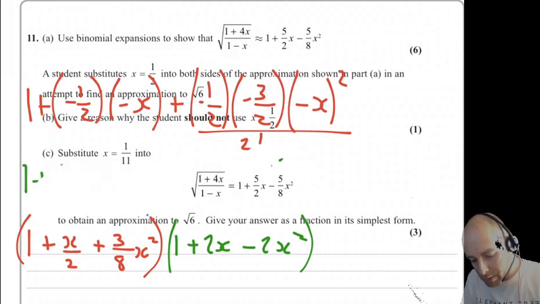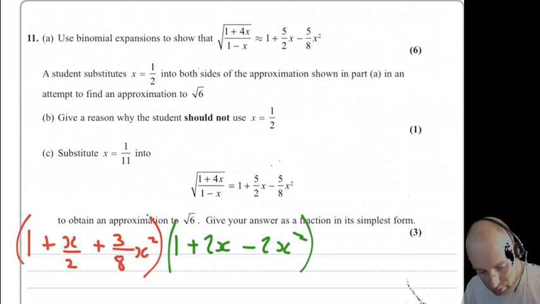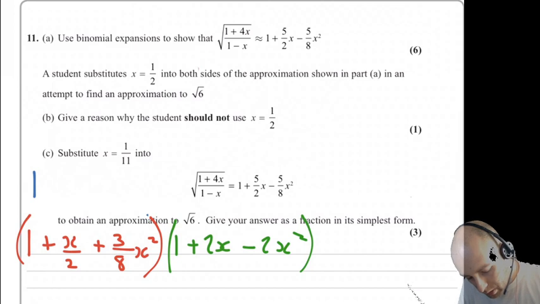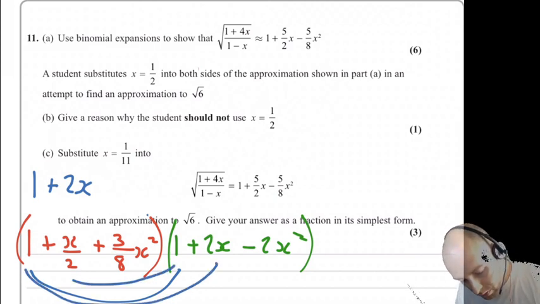And we're only going to bother expanding up to the squared term. So 1 times 1 is 1. 1 times 2x is 2x. I've done that one. I'm now going to do this one. So 1 times x over 2 is x over 2.